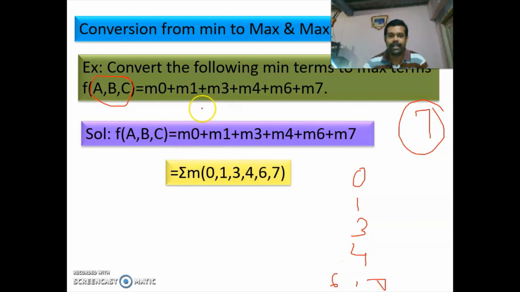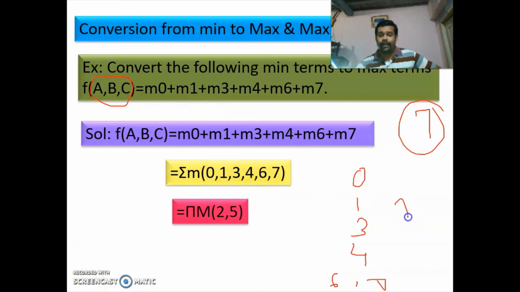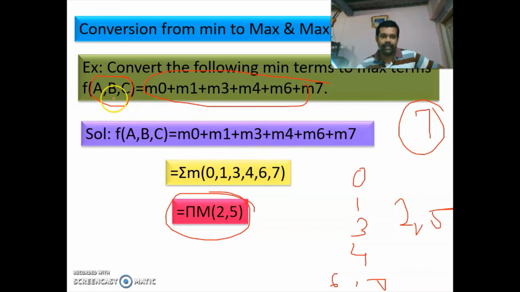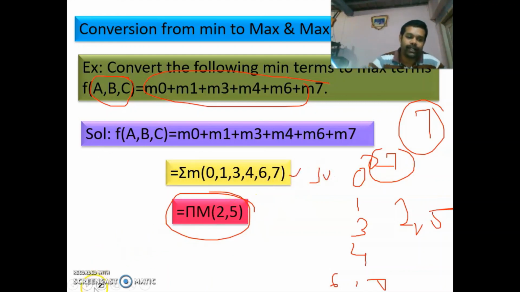The remaining numbers are 2 and 5, and that 2 and 5 is nothing but the POS. So this is SOP. If you want to convert this into POS, you have to write the remaining numbers that are not included in this SOP. Since you have 3 variables, you only have numbers from 0 to 7. Already you have 0, 1, 3, 4, 6, 7 in SOP, so 2 and 5 are missing, and those 2 and 5 you write in the POS.